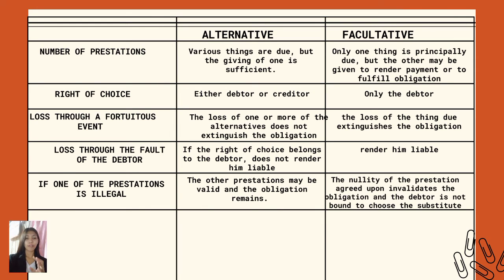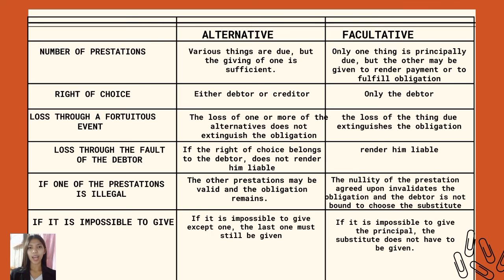Now, what if one of the prestation is illegal? Under the alternative obligation, the other prestation may be valid and the obligation remains. But under the facultative obligation, the nullity of the prestations agreed upon invalidates the obligation, and the debtor is not bound to choose the substitute. Now, what if it is impossible to give?